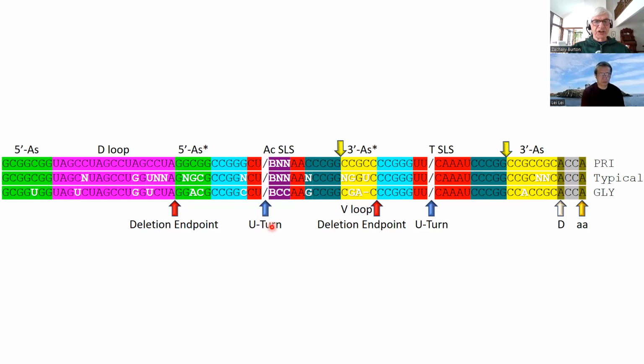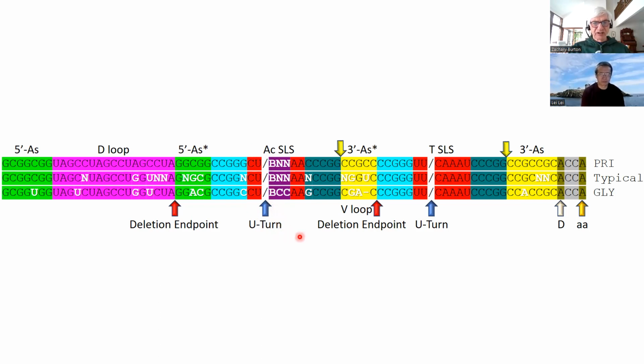You have a U-turn after a U here. B indicates G, C, or U, never A. There's never A in a wobble position. That becomes important at some point in these discussions.